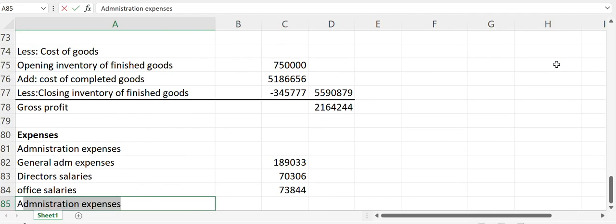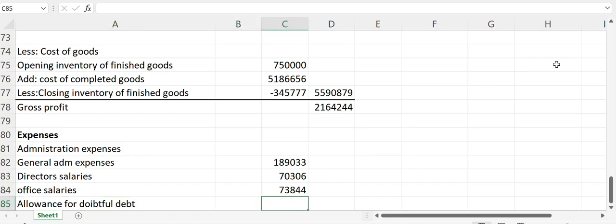Then let us not forget allowance for doubtful debt. So allowance for doubtful debt we had computed, it was actually 12,000.